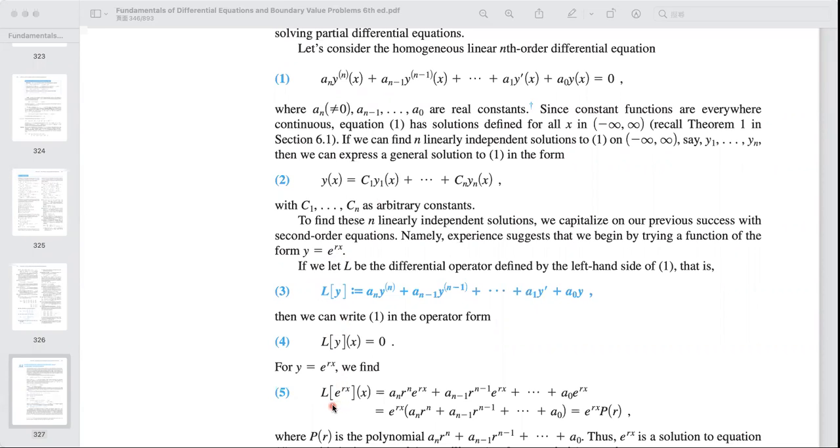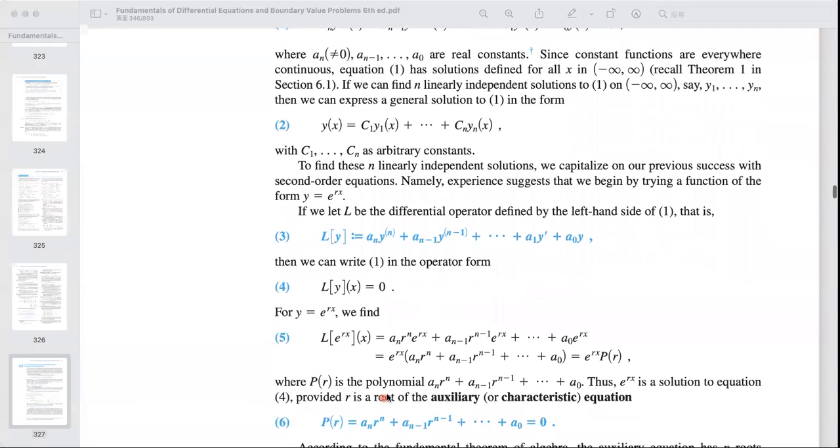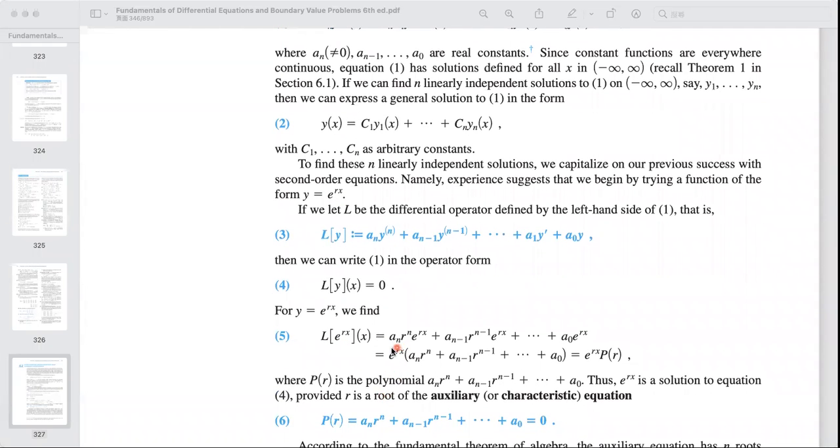So if we substitute y by e^(rx) and do the differentiation, you will find it is equal to a_n r^n e^(rx) plus a_{n-1} r^(n-1) e^(rx) plus ... plus a0 e^(rx).